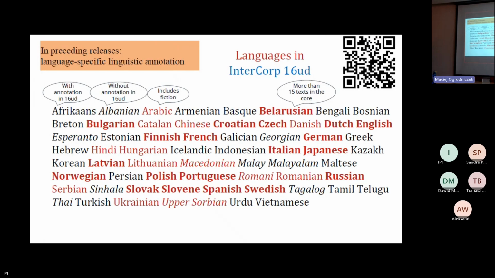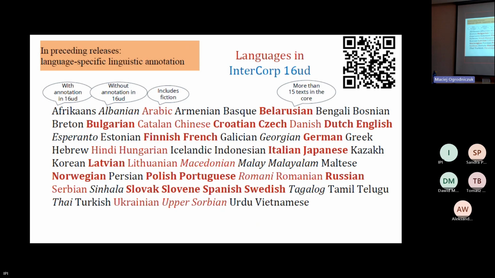Yeah, so to read it better, you have the languages printed out here. Of course, the red and upright are the preferred languages. So you have more than 15 texts in the core, and they are annotated.